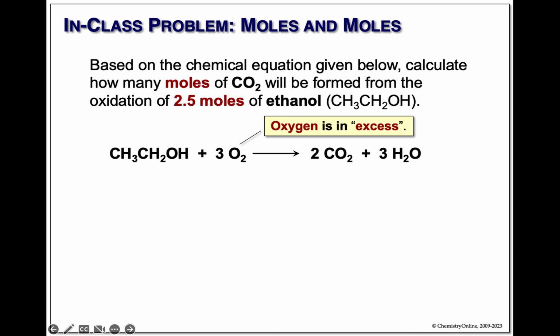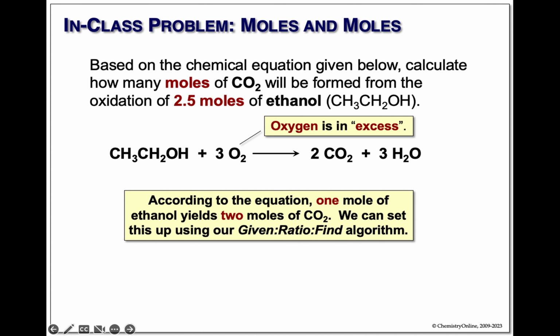First thing you want to do, we're going to use our standard algorithm here. So find given ratio. You want to look at your problem and you want to try to come up with a ratio. Now the ratio we're going to use here is going to be the coefficients describing the two things that we're relating, CO2 and ethanol. 1 ethanol gives 2 CO2s.